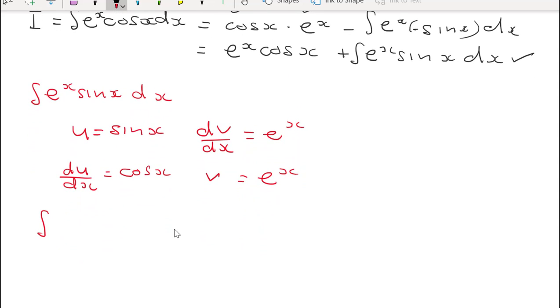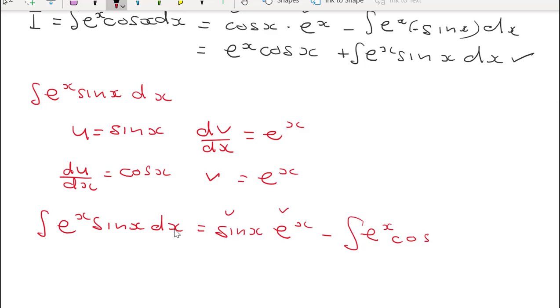Now the integral of e raised to the x sine x dx is equal to u, which is sine x, times v, which is equal to e raised to the x, minus the integral of v, which is equal to e raised to the x, and du by dx, which is equal to cos x dx.